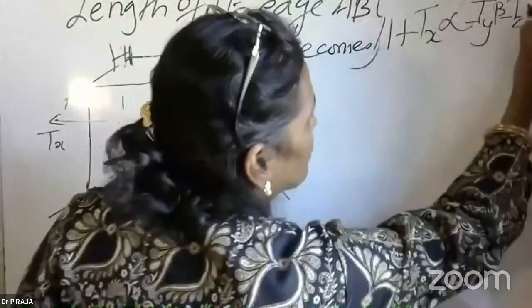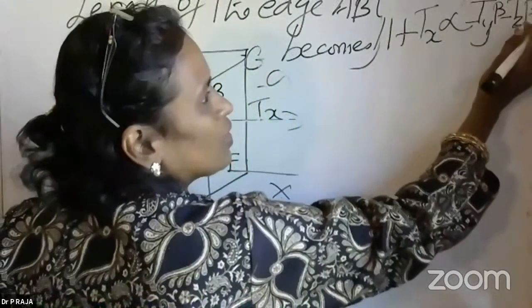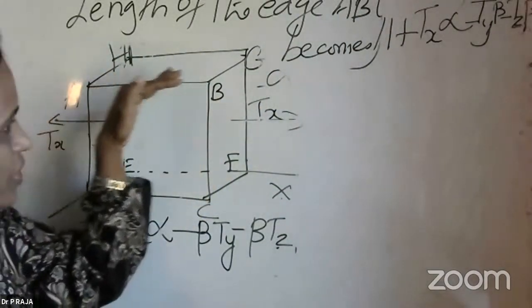Beta is a contraction happening along the y and the z direction. This is for the edge AB.